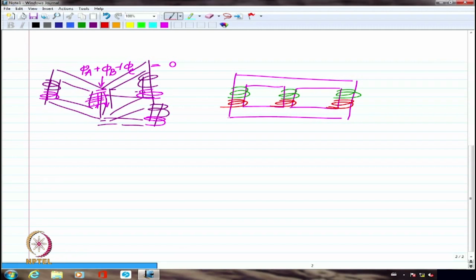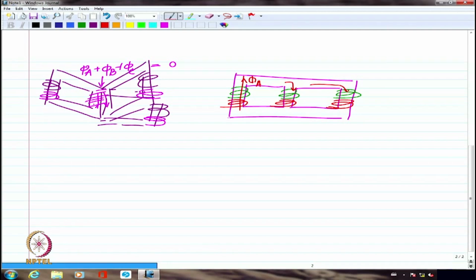But I'm going to assume that the permeability of the surrounding air is really so small that if I create a flux phi A, the flux of A phase, this will divide itself hopefully into 2 halves. Similarly, if I look at phi B, it will again divide itself into 2 halves on the other side, and phi C similarly.